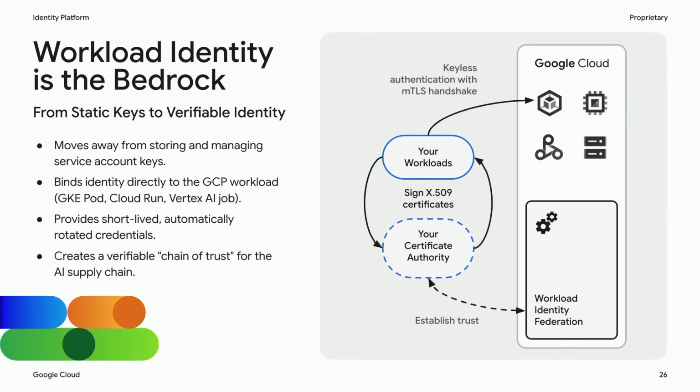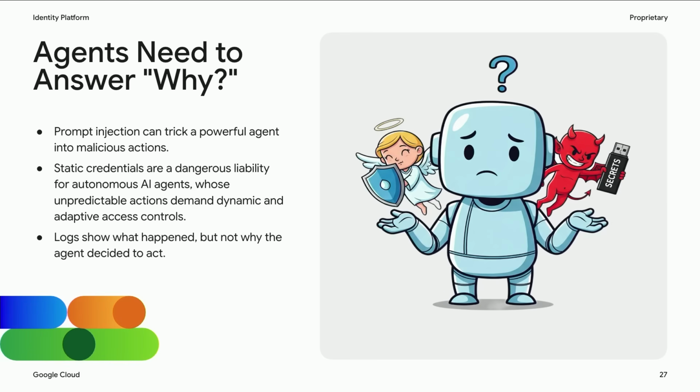But looking ahead, the real challenge is not simply securing the machine itself. It's the agentic AI running on that machine. Here, knowing who is performing an action is no longer enough. We desperately need to know why. Many of us are already grappling with the confused deputy vulnerability, where a seemingly trusted agent is maliciously tricked, often through prompt injection, into taking unintended actions.